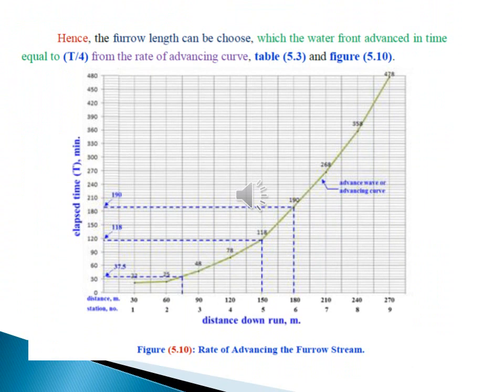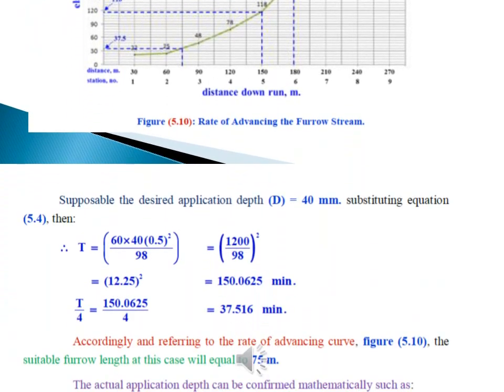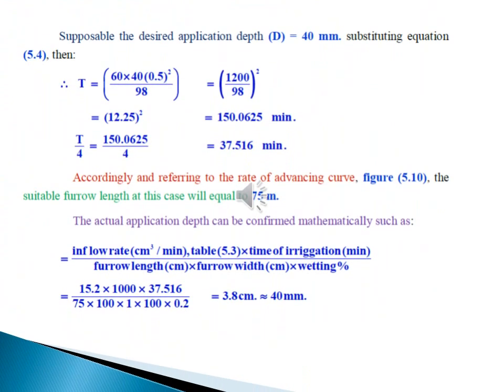Figure showing the relation between the elapsed time T in minutes against the distance down the run in meters. Hence, the furrow length can be chosen with the waterfront advance time equal to T divided by 4 from this curve. Supposing the desired application depth D equals 40 mm, and by substituting in the enclosed equation, then T divided by 4 equals 37.516 minutes.